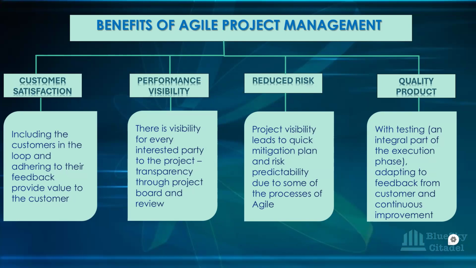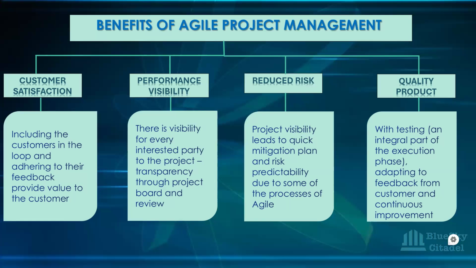There are other stakeholders involved that are seeing the visibility. So the visibility can be through the project board, the review. Also, you have some reports that either the scrum master or the project manager himself provides for the stakeholders and all that.